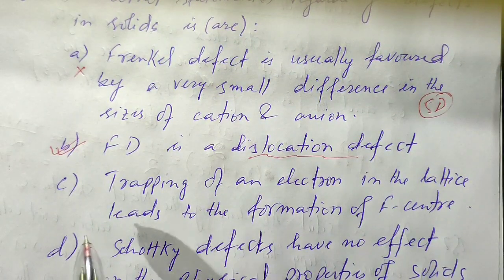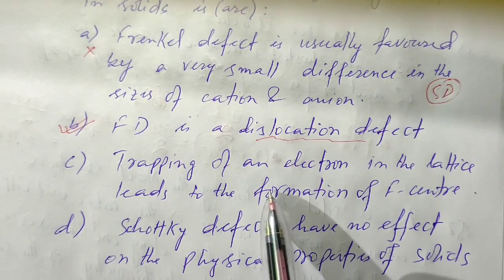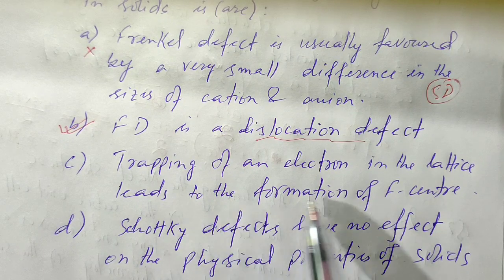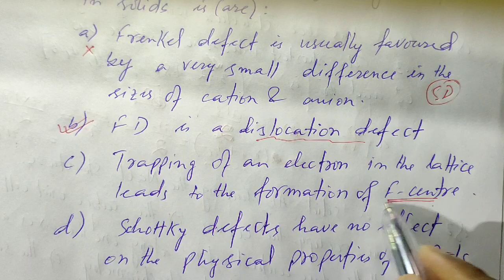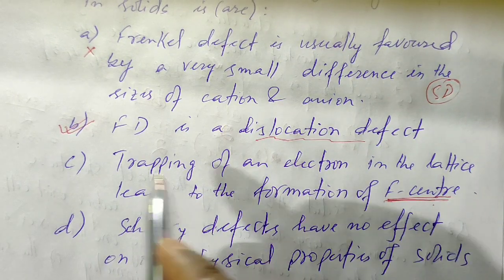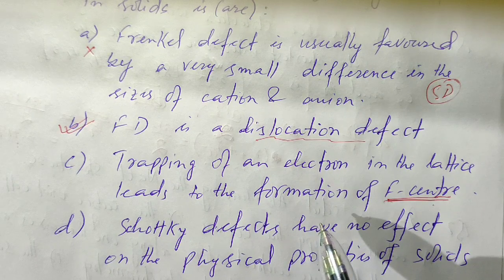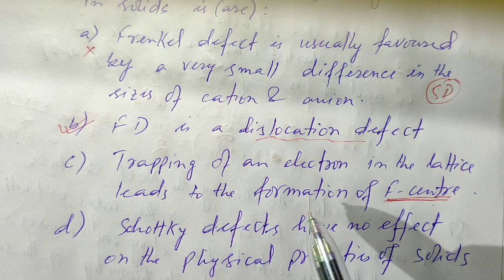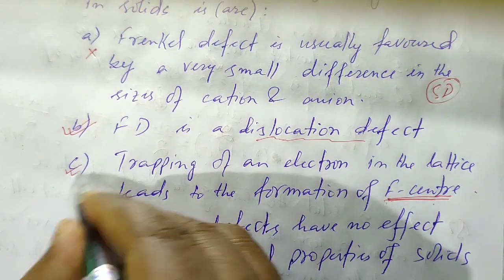Now option C is trapping of an electron in the lattice leads to the formation of the F center. This is correct. This is the definition of F center. It is the anionic vacancy in NaCl or KCl, which is occupied by the electron, that is the F center actually. So this option is also correct.